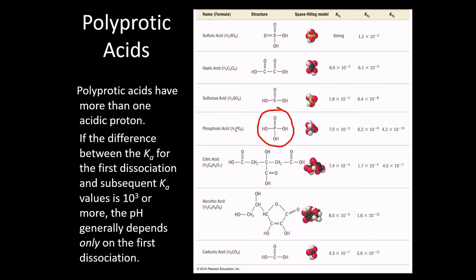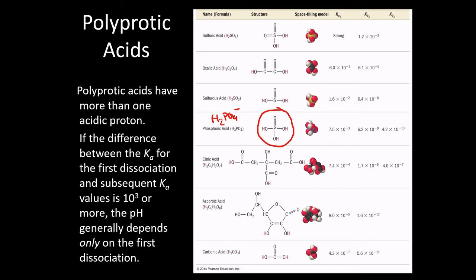So it starts off as H3PO4, and after one of the hydrogens leaves, you have H2PO4 minus. That negative charge makes it significantly more difficult for the second hydrogen to leave. And for the third one to leave, it's even more difficult because the proton is attracted to that negative charge. So it's more difficult for the second and then the third protons to be pulled off of those molecules.